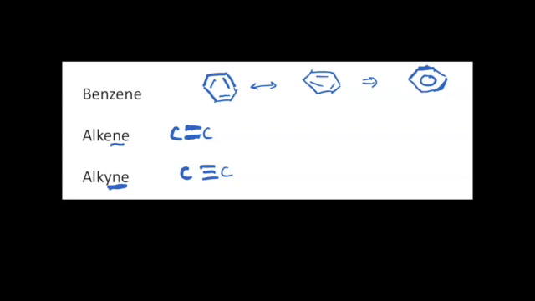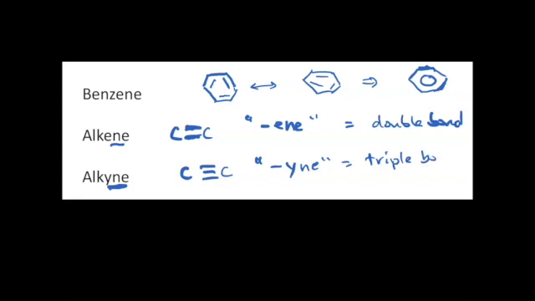So the ENE ending is a double bond, and the YNE ending is indicating a triple bond. Both the double bond and the triple bond can be sites of a chemical reaction like a functional group, but these are sites of a chemical reaction due to the double or triple bond, not because of a different atom.